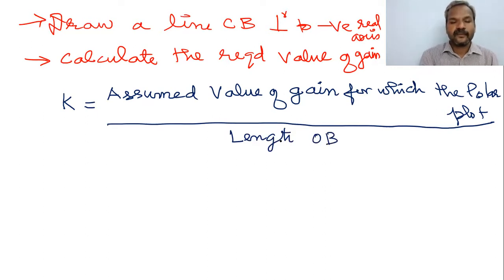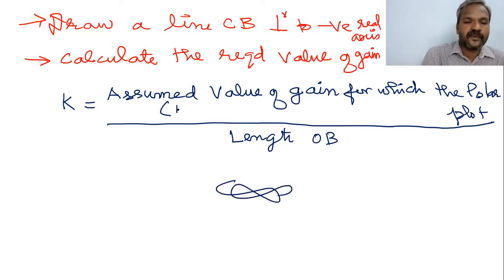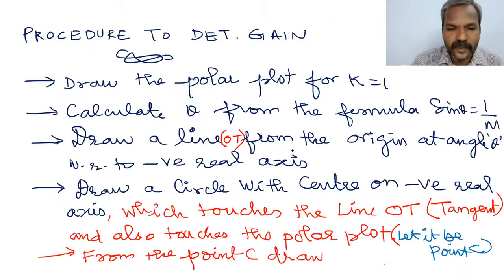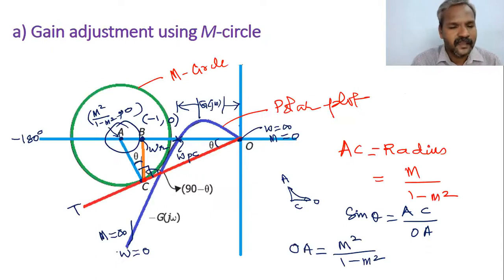So this is called the gain value K. The value of K from the polar plot, assuming the value. Initially we assume K equal to 1, divided by length OB. So which is length OB? This OB.